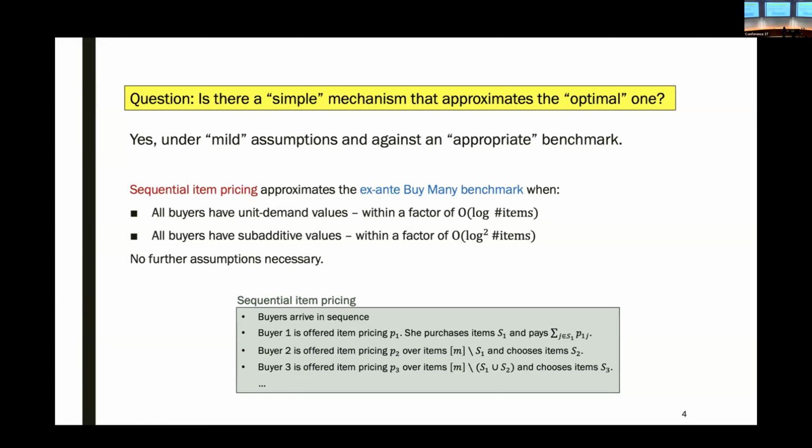So the most general assumption we'll look at is that buyers have sub-additive values over the items. But beyond that, for these results, we don't need any assumptions on the value distributions. Okay, so that's the result I'll talk about.